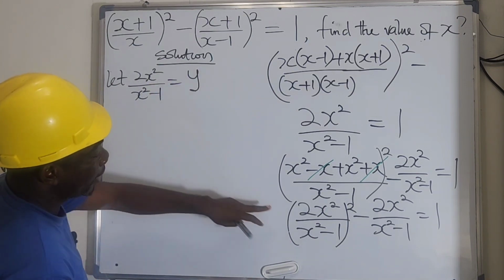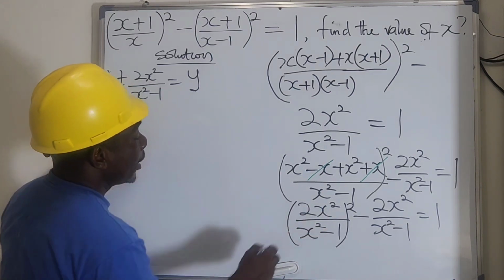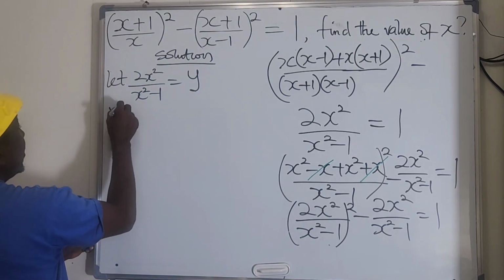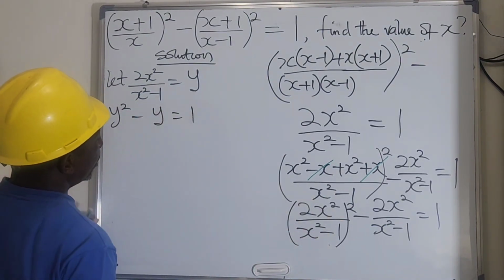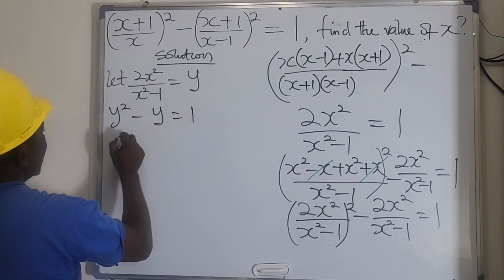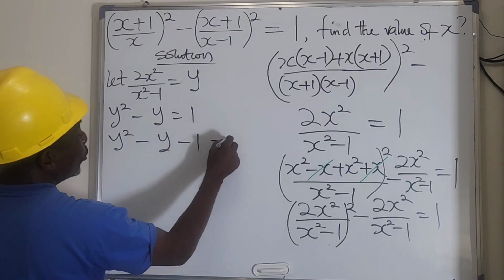So anywhere we see 2x squared all over x squared minus 1, we put y. So that will become y squared minus y equals 1. So we can transpose 1 to this other side, to become y squared minus y minus 1 equals 0.